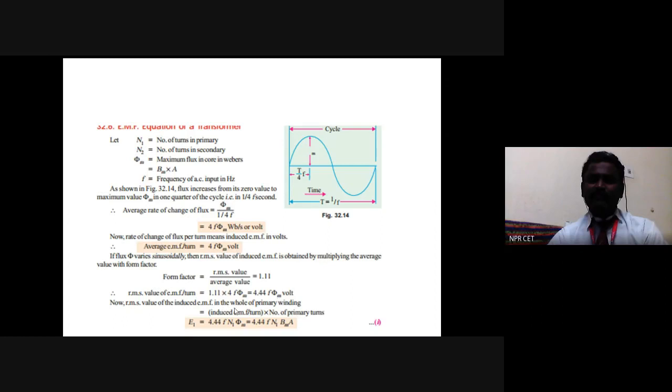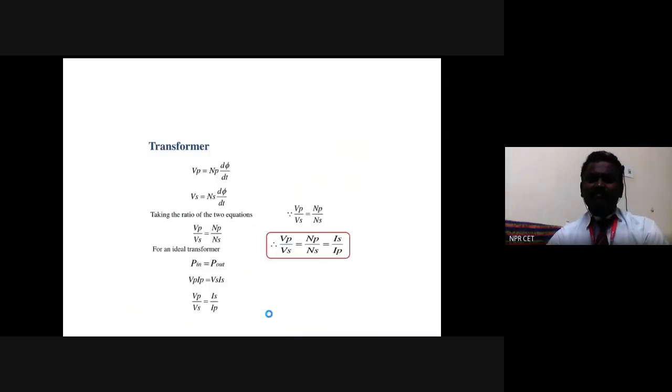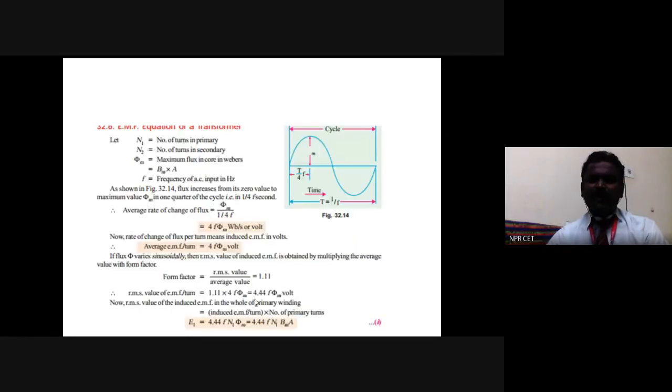Suppose we want the RMS value of induced EMF in the primary winding. We take the induced EMF per turn into the number of primary turns N1. So finally, it is 4.44 f phi m N1 volts.